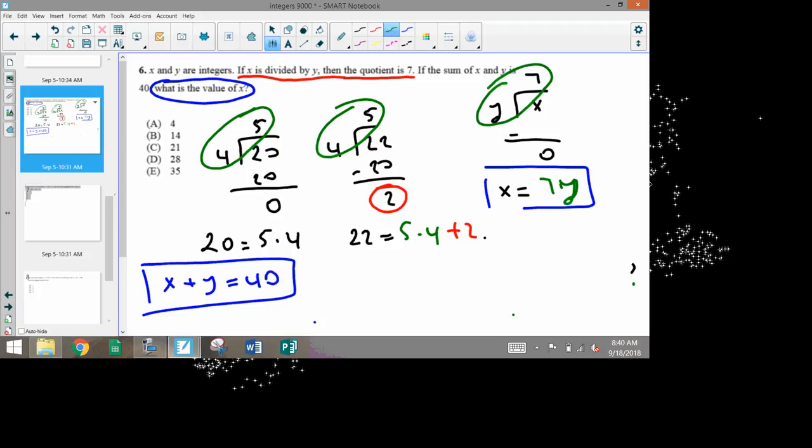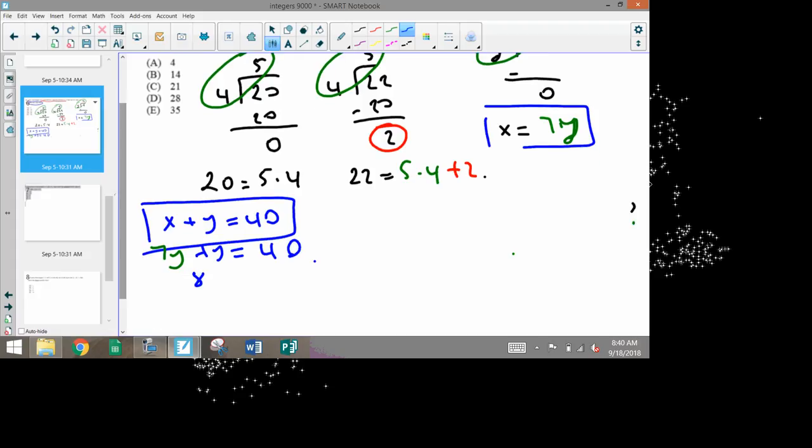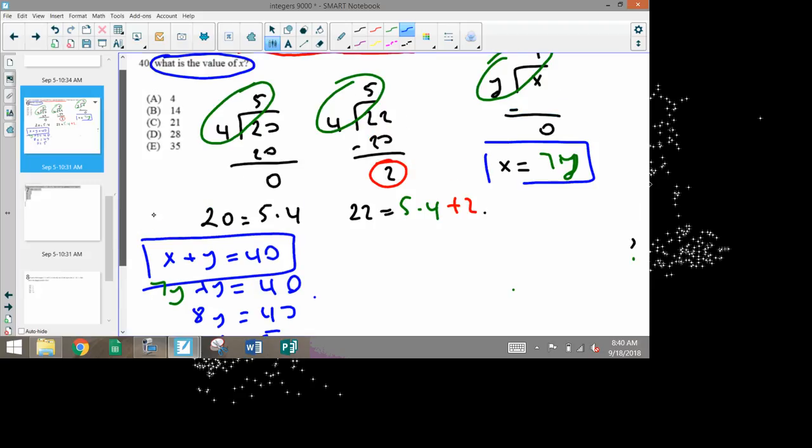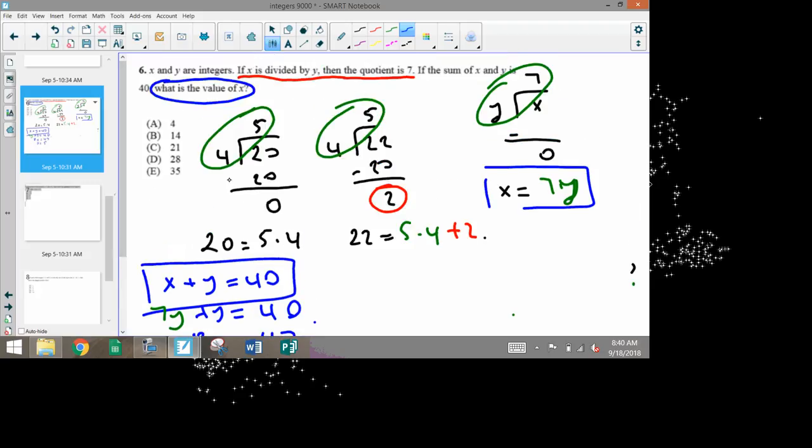x is equal to 7y, plus y is equal to 40. Is that clear? I substitute that. Substitution technique. Then 8y is equal to 40. y is equal to 5. So there's no answer. Did I make a mistake? No, I circled the question. What was it asking me?